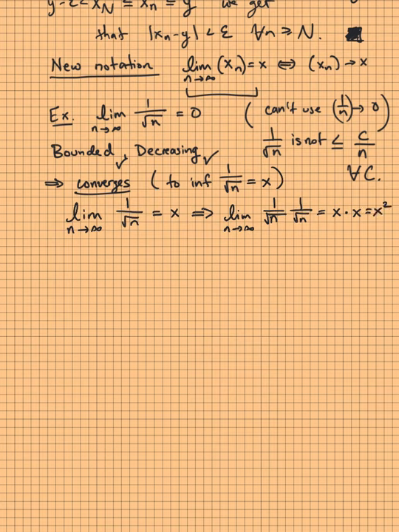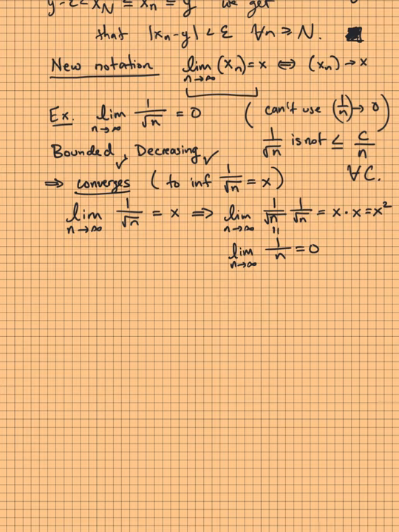Because the product of two convergent sequences converges to the product of the limits. But we know what this is. This is the limit as n goes to infinity of 1 over n, so this is 0.